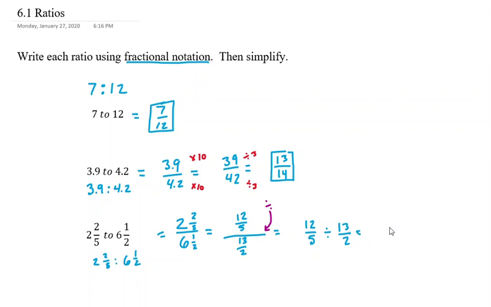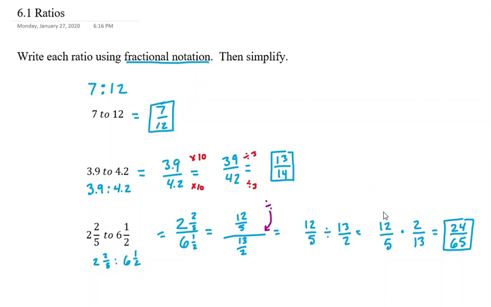And you remember your fraction division rule: dividing by a fraction means the same as multiplying by the reciprocal of the fraction. So the reciprocal of 13 halves is 2/13. And then we can multiply across. 12 times 2 is 24, and 13 times 5 is 65. And there we have it.